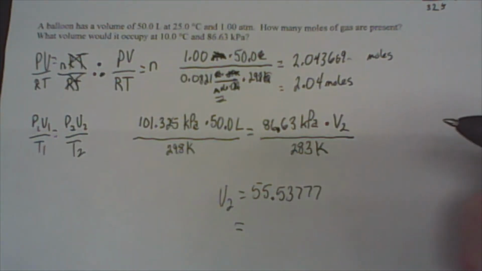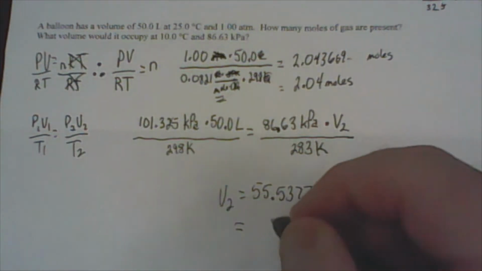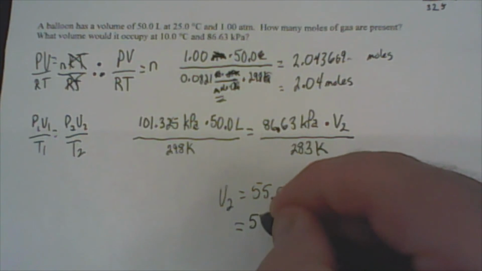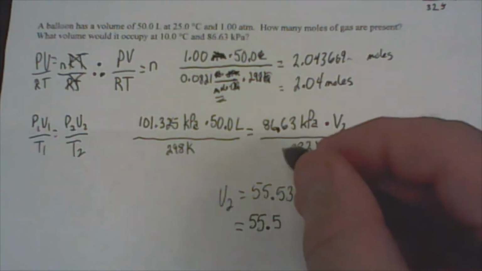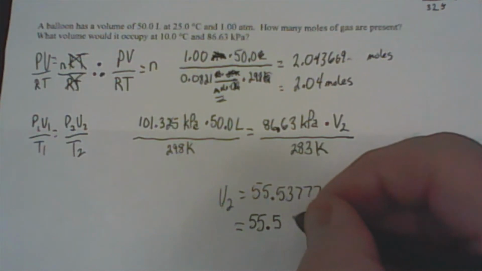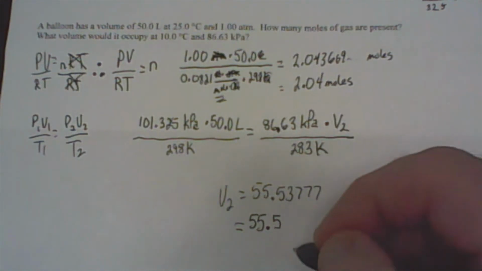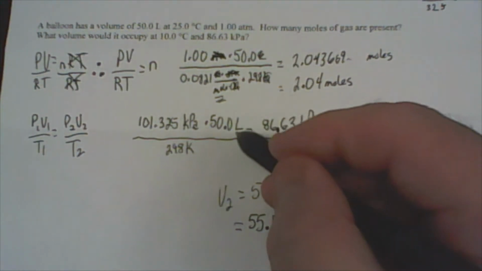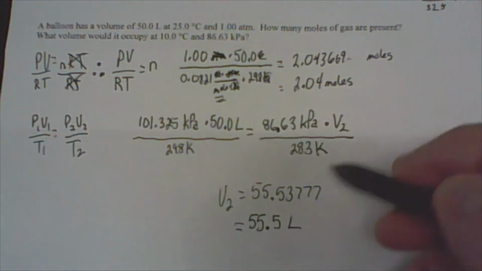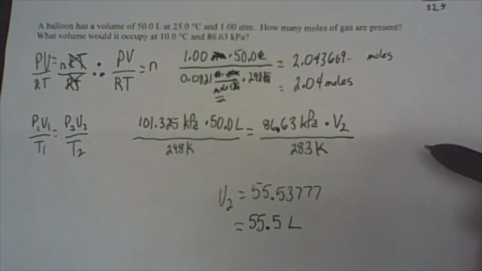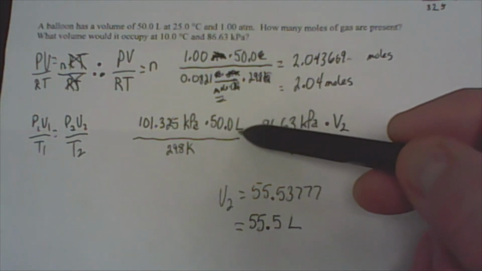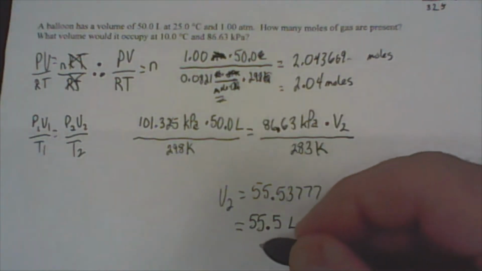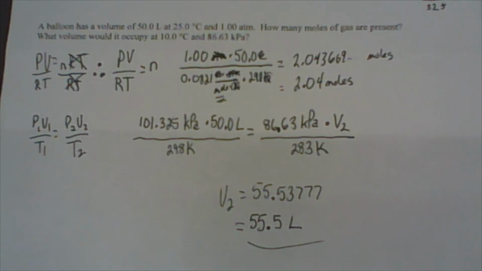So that's going to round off to 55.5. So I've got 3 significant digits in my temperature. And the units, volume, will be in the form of liters, because I have liters right here. My Kelvins will cancel out, my kPas will cancel out, and I'll be left with liters. There you go.